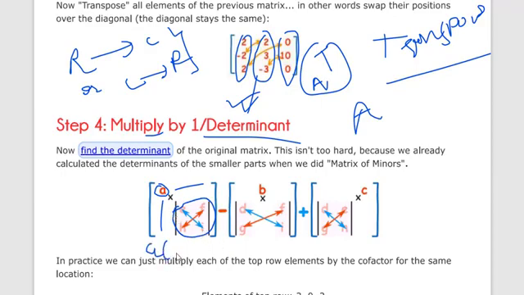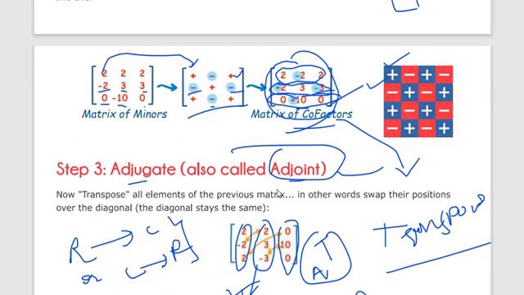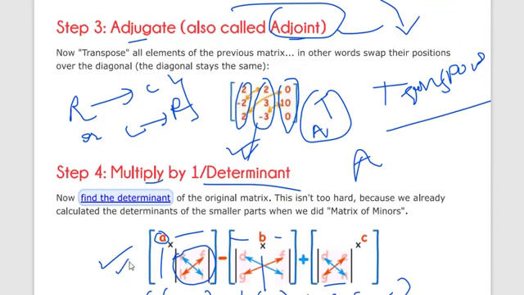So A multiplied by this determinant, then minus B multiplied by the other 2 by 2 determinant, plus C multiplied by this 2 by 2 determinant. Plus minus plus also. This is the determinant. So do not confuse the matrix of cofactor with the determinant.